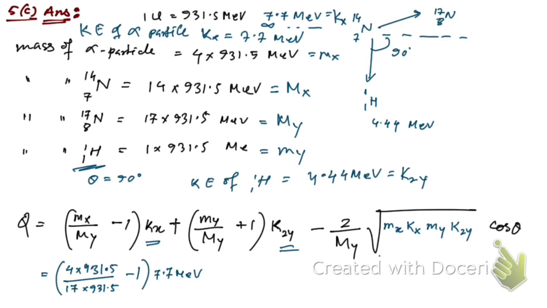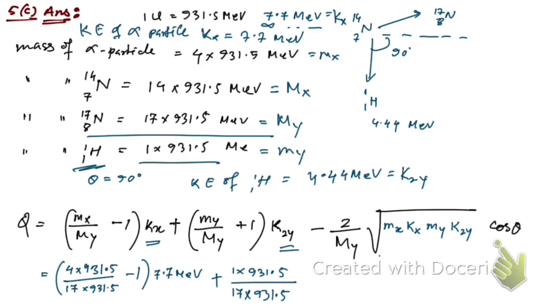Plus, small my is the scattered particle, 1 into 931.5 by the daughter nucleus, 17 into 931.5, plus 1 into K2y, the kinetic energy of the scattered particle, that is 4.44.